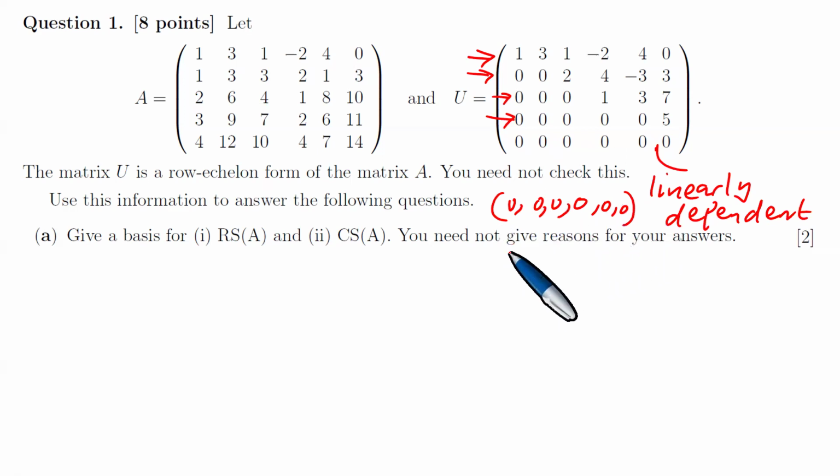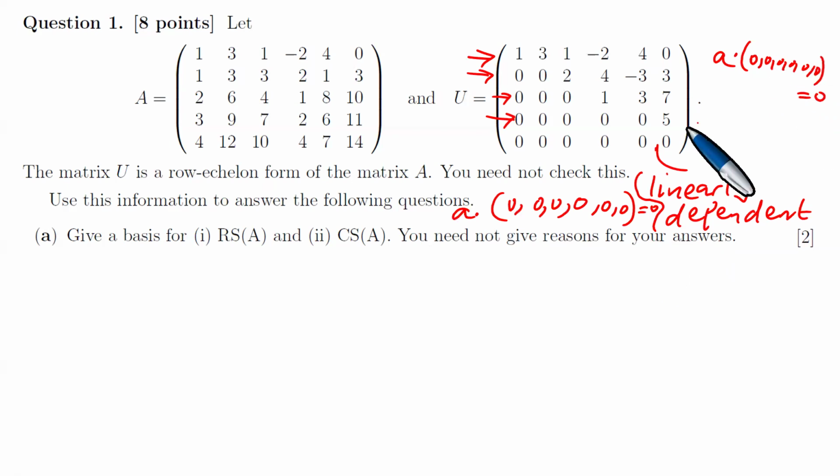Writing it like that, you're able to see clearly that this particular row is the zero row all the time. It is linearly dependent because if you want to check this, if you multiply it with a scalar a and equate it to 0, it's like saying a times this zero vector with 6 entries is 0.